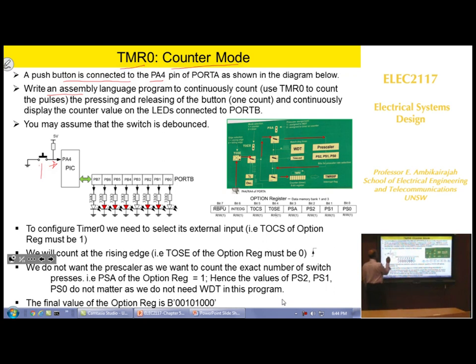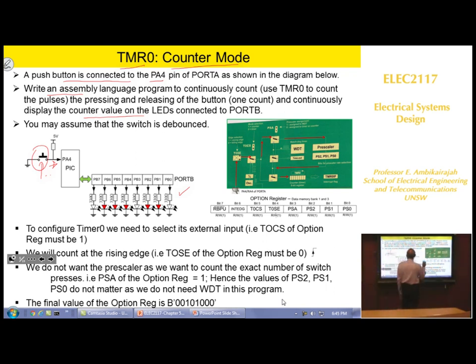So every time you press this, it should count the number of pulses. When you press and release the button, that is 1 count, and it continuously displays the counter value on the LEDs. So every time you press and release, the counter value will increment. It is an 8-bit counter. You may assume that this already has a switch debounce circuit.